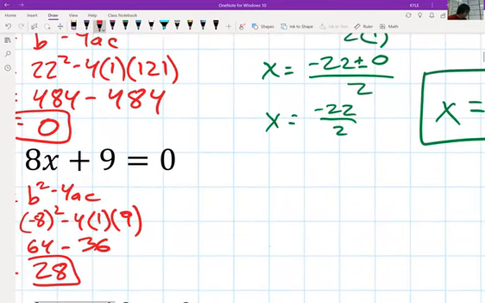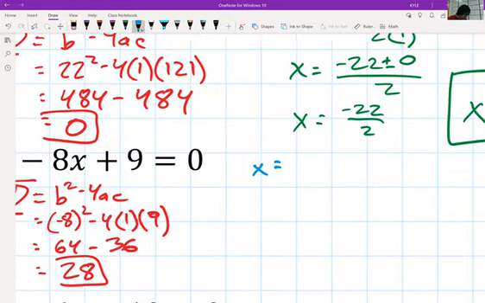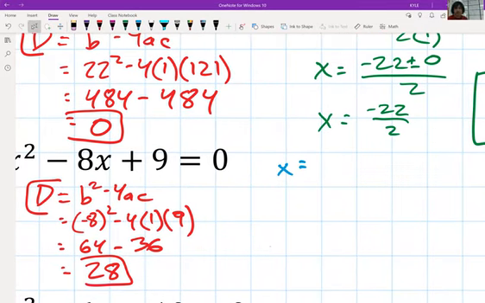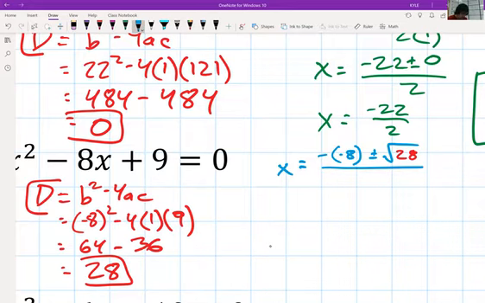What does this mean for us? Let's check. X equals, careful here, keep an eye on your signs. X equals negative 8, because b was negative, plus or minus the square root of 28, which we already figured out, all over 2 times 1. So how do we handle this?